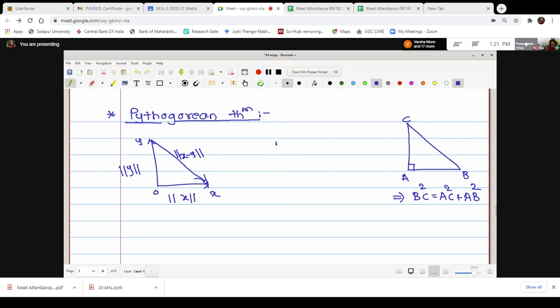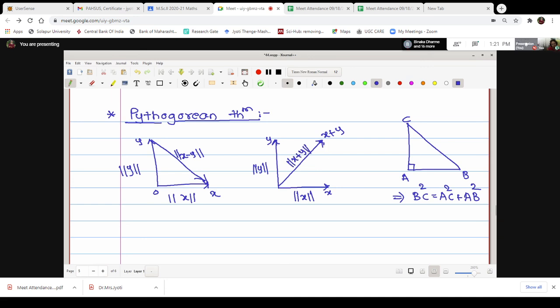In another way, I can show you this: suppose this is vector x, this is vector y. Where will be the location of x plus y? Somewhere here, this is the vector x plus y. What about their lengths? Here it is norm y, here it is norm x, and here it is norm of x plus y.